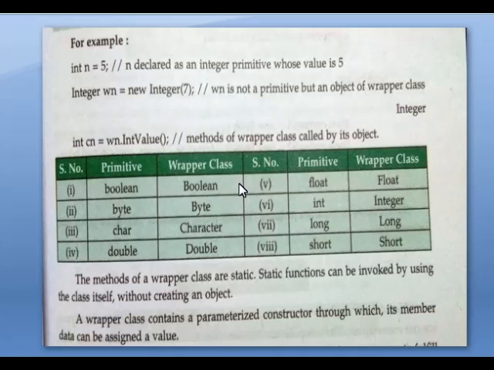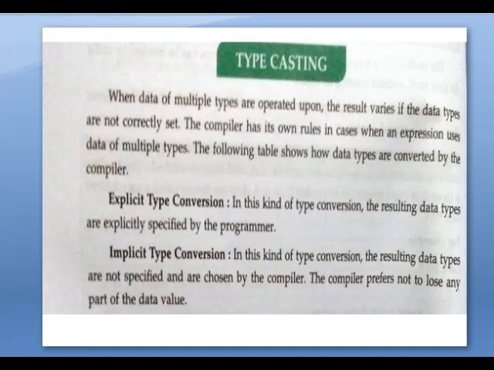So the next one is typecasting. Here we are going to see two types of conversion, explicit type conversion and implicit type conversion. When data of multiple types are operated upon, the result varies if the data types are not correctly set.